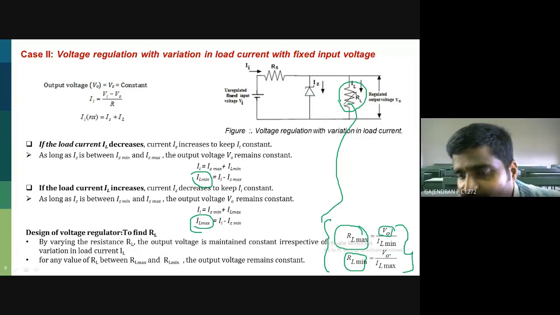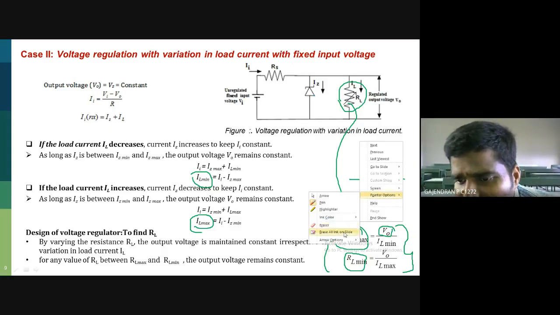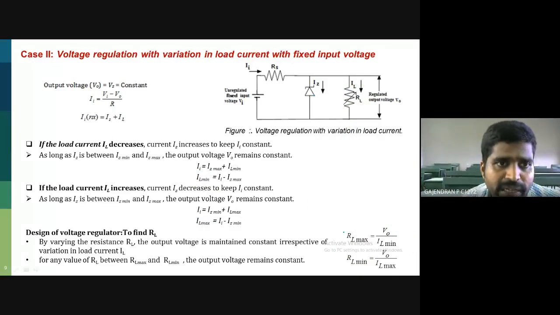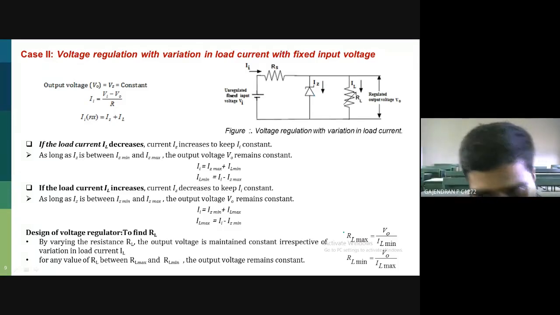If this is known, I can fix my load resistor value from this to this. Okay, so that's all regarding your load regulation and your line regulation. Okay, is it understood?